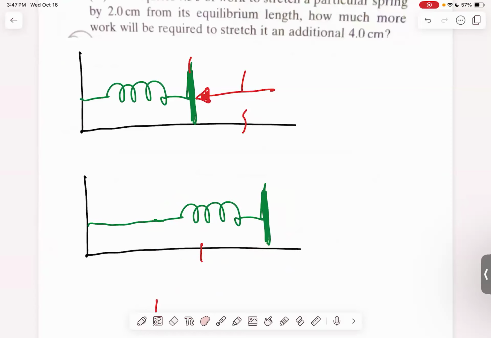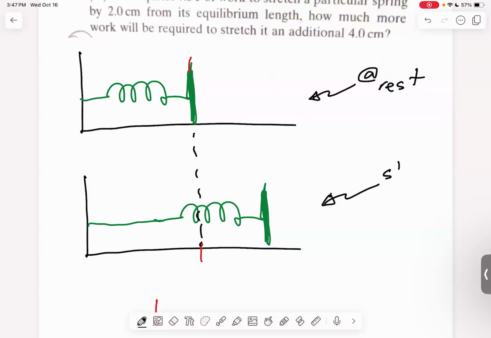Let's delete some of this. Okay. So the top is the spring at rest, and the bottom is being stretched.